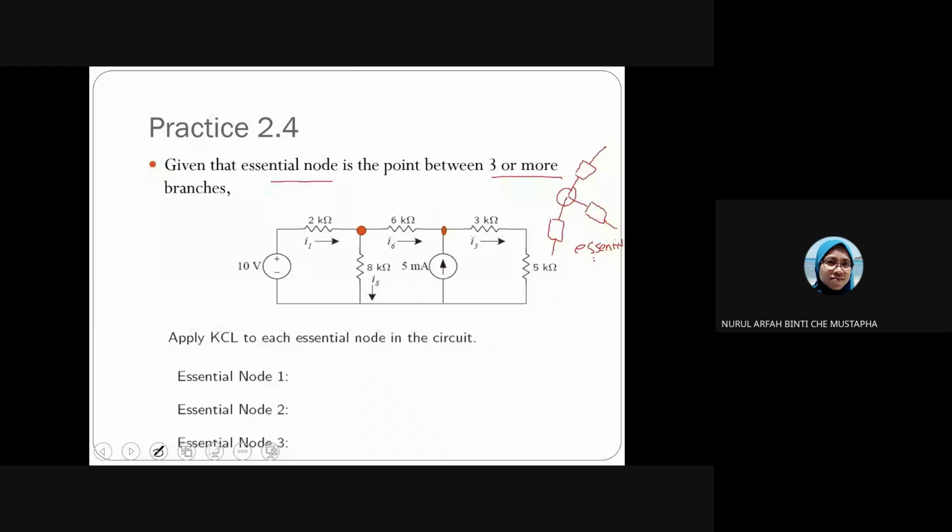So it says that when 3 or more branches are connected at a single point, let's say you have 1, that is an essential node. So please identify each essential node in the circuit.